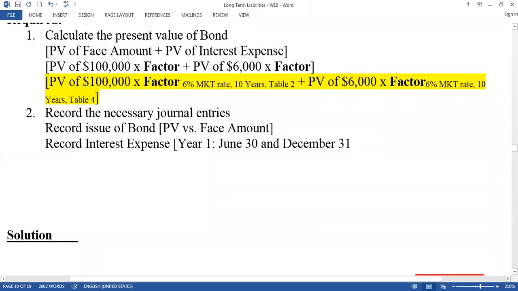One is June 30, another is December 31st. And we have to follow the same for each year. So the year one journal entry is the same for each year.